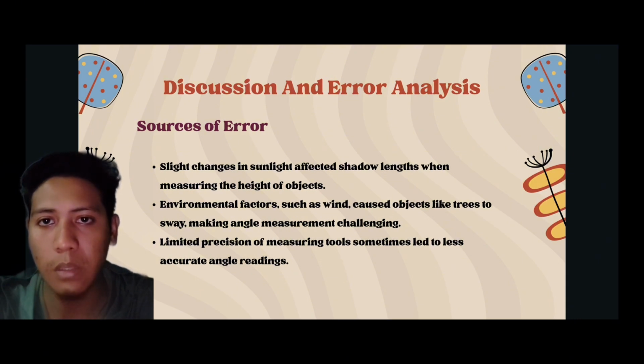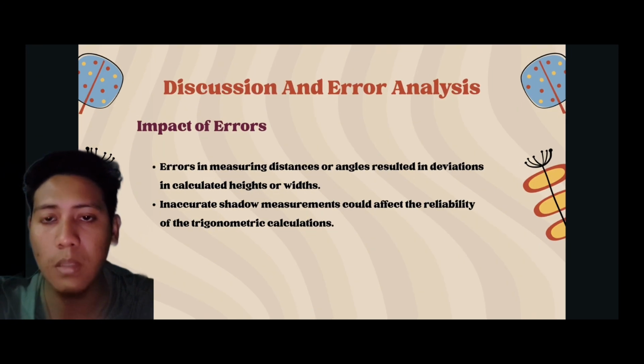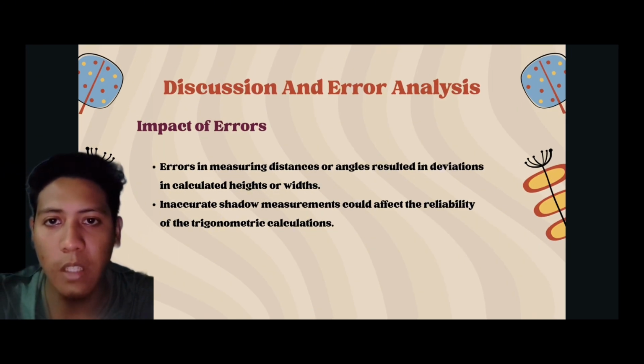Limited precision of the measuring tools sometimes led to less accurate angle readings. Impact of error: errors in measuring distance or angles resulted in deviations in the calculated height or width. Inaccurate shadow measurement could affect the reliability of our trigonometric calculation.